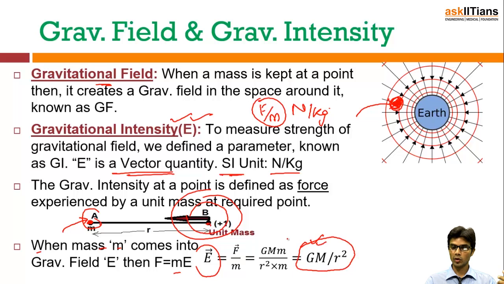So this is the important formula for intensity due to a point mass. When mass m comes into a gravitational intensity E, the force experienced by mass m is F equal to mE.